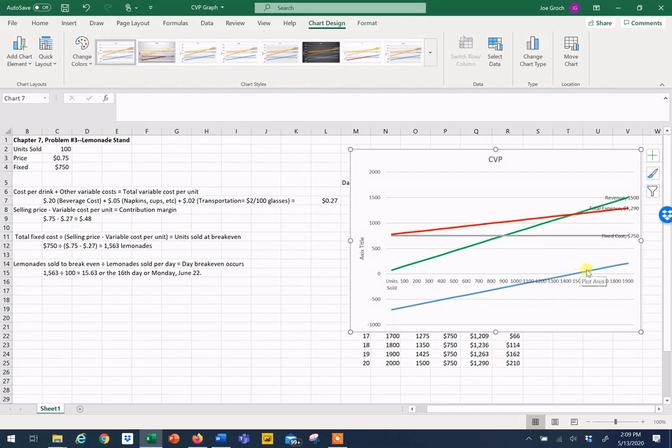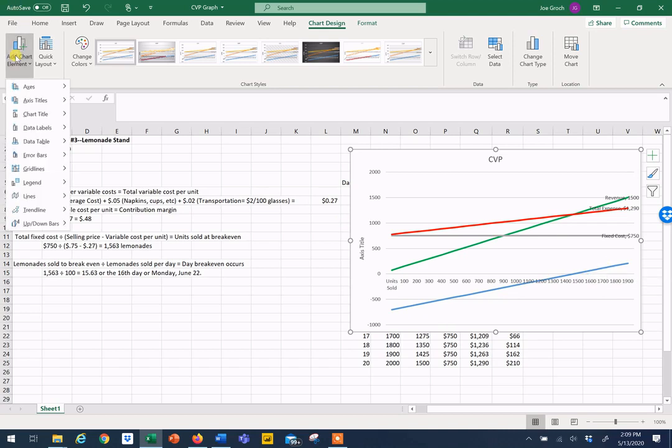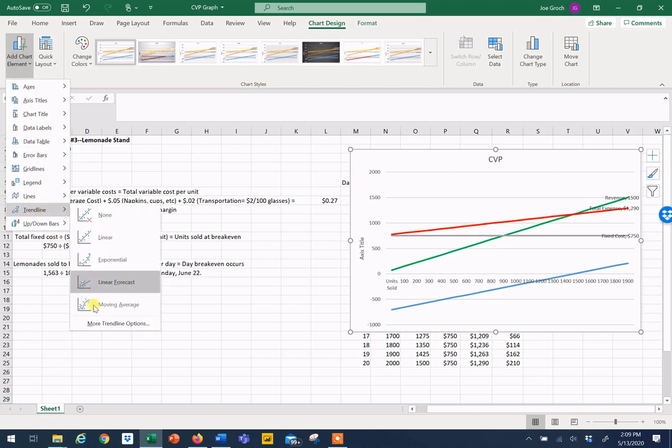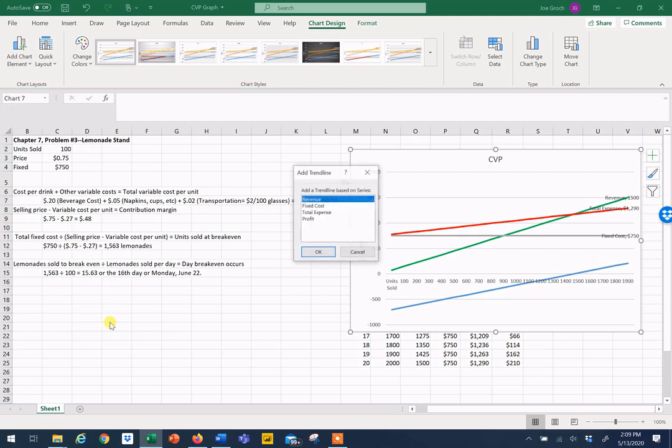Wanted to show you how to insert a linear regression equation for any one of these lines, but the profit line is the interesting one. Let me show you how it works and what it means. So if I go over here and go to add chart elements and hit trend line, and come down here to more trend line options, select the profit line and hit OK.